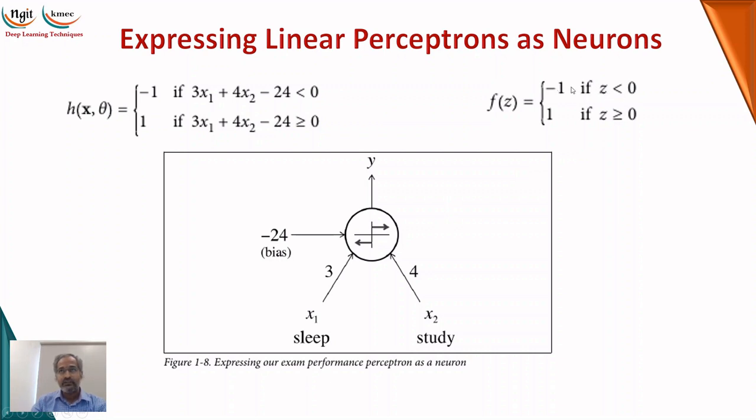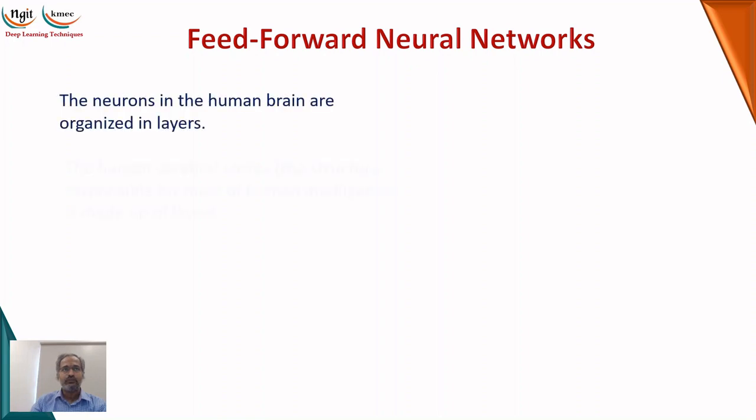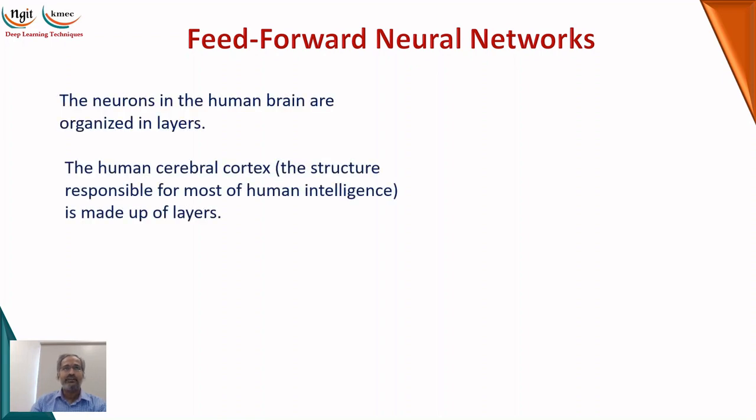How it transforms that value into minus 1 or 1 is called the activation. So inside there will be the activation. The z is given as the input to the function, and it will convert that z into minus 1 or 1. So this is the linear perceptron, and this is how it works.